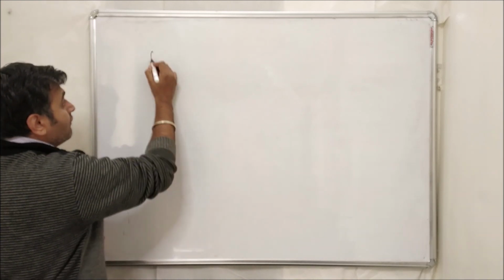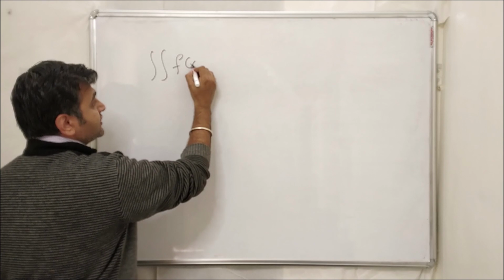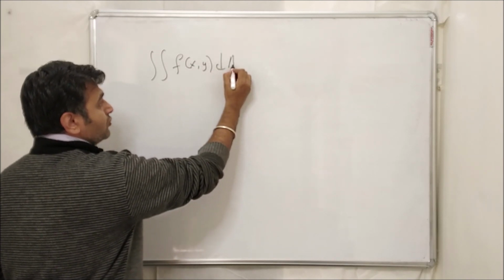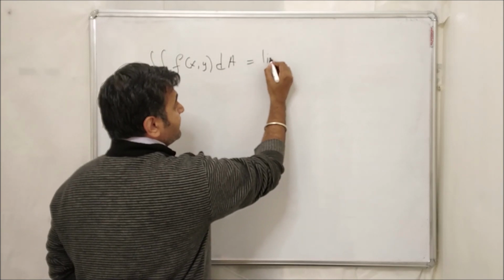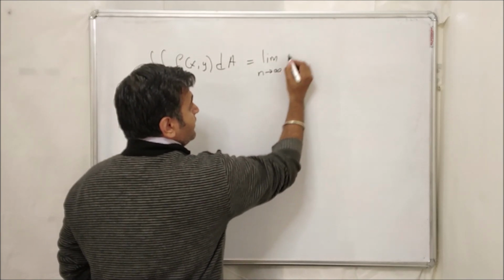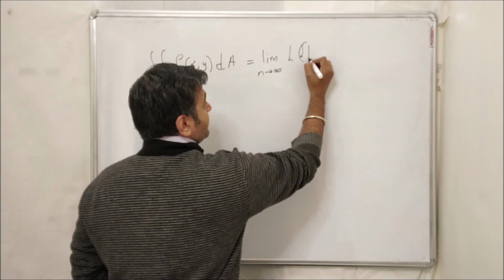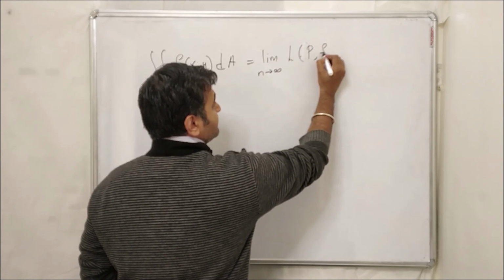If you recall, what was my double integration of a function over some region R, dA? This is nothing but the limit as n goes to infinity of the lower Riemann sum of the function.